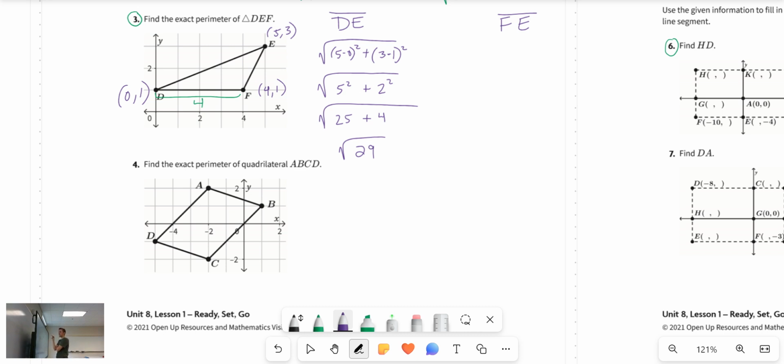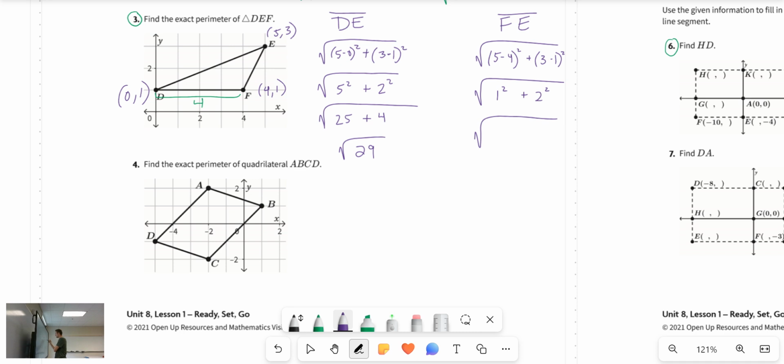And then for FE, let's do from F to E, so we'll do E minus F. So this is going to be the square root of 5 minus 4 squared plus 3 minus 1 squared. We rewrite it. 5 minus 4 is just 1, so 1 squared plus 3 minus 1 is 2 squared.